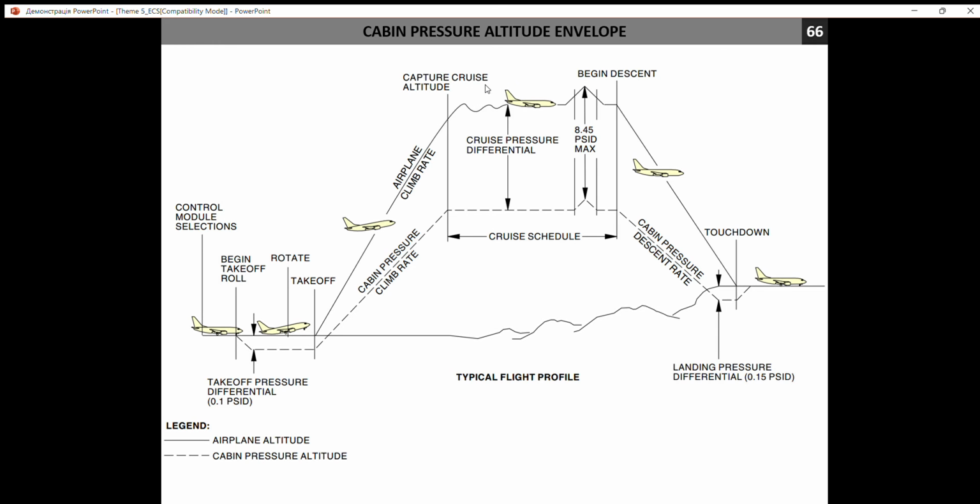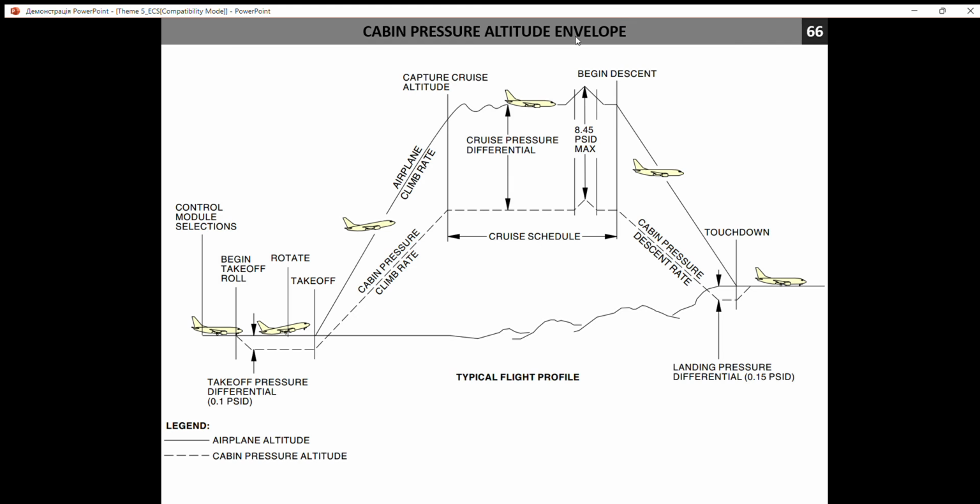Maybe there are airplanes near our airplane, so we need to change the altitude and so on. You may see that this cruise altitude is not a straight line, but the altitude in the cabin must be like a straight line. We keep it at approximately 8,000 feet.